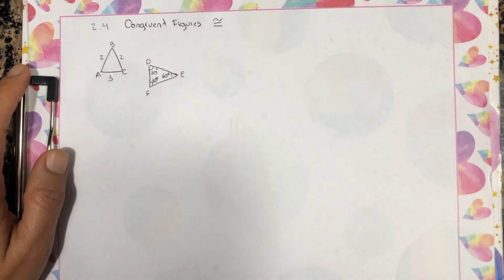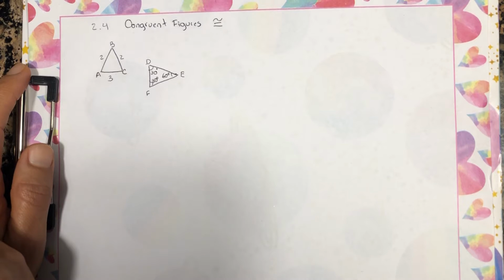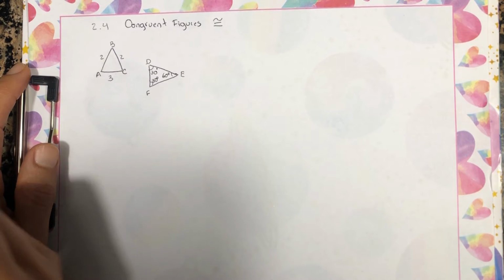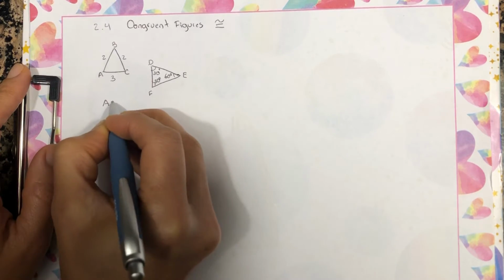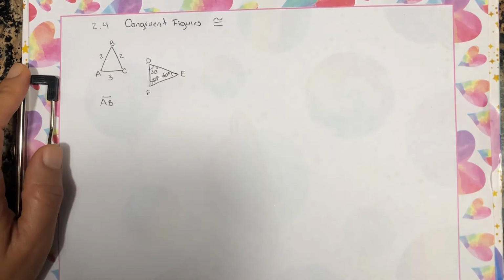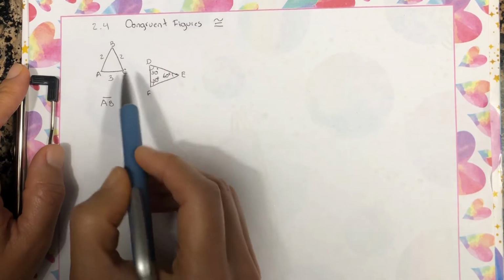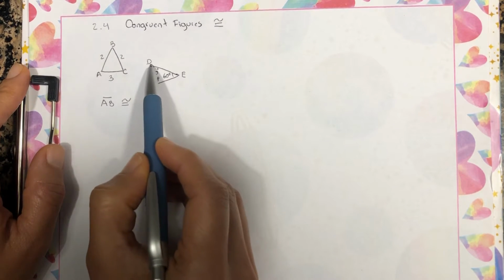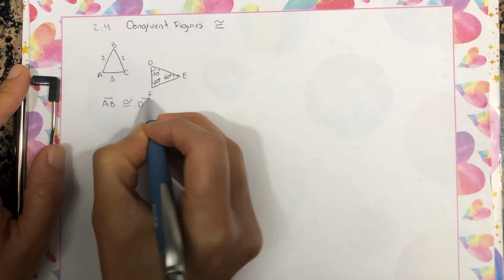So if you know that they are congruent, you know that the sides are congruent too. So side AB, and we write it this way, AB, and we put a line on top, is congruent, is equal to side DE.